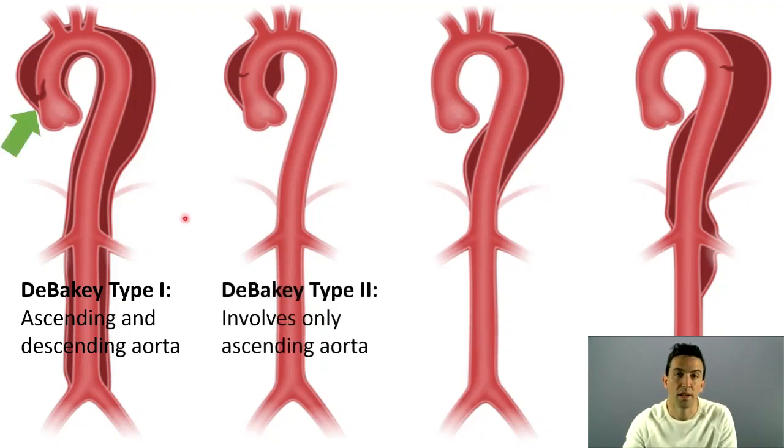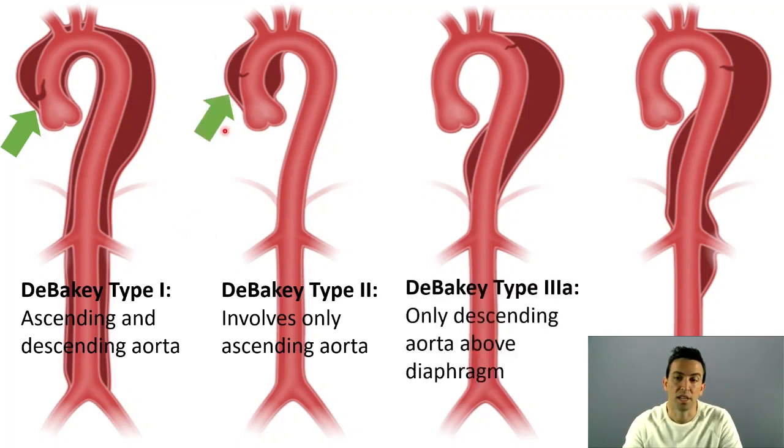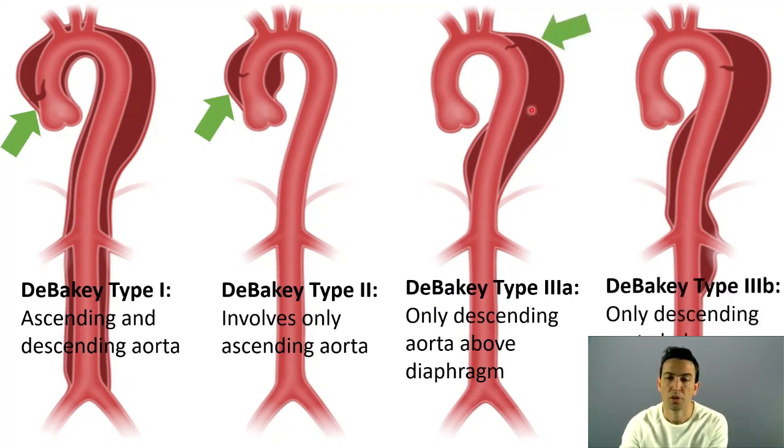The next one is DeBakey type 2. In the picture here, it's just the ascending aorta that gets involved. Then you move down to DeBakey type 3, and there's an A and a B, and the differentiating factor is your diaphragm. So they're both including the descending aorta. One will stop above the diaphragm, and one will go below the diaphragm.